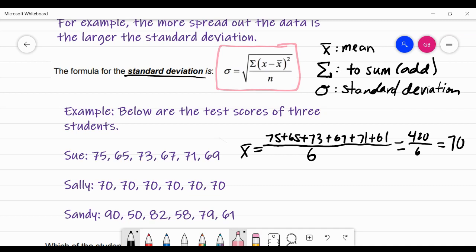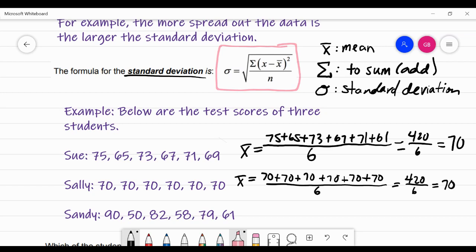Now for Sally, her average, you take all the 70s, you add those up first. And I think you could guess what this is, because 70 plus 70 plus 70 and so on, that's 420 divided by 6 is also 70. Well, that makes sense, if all of her scores are 70, then her average has to be 70.